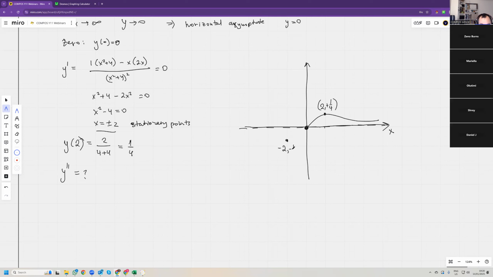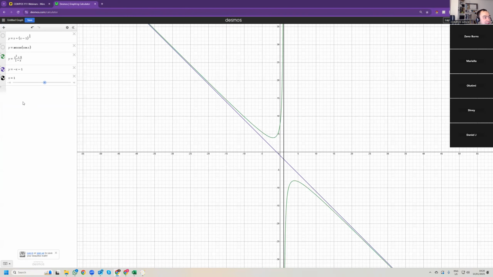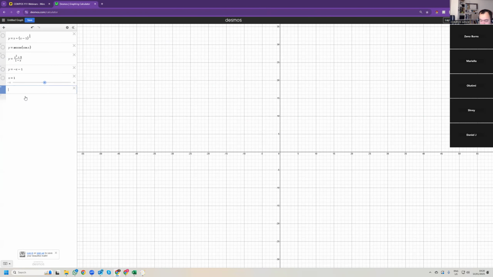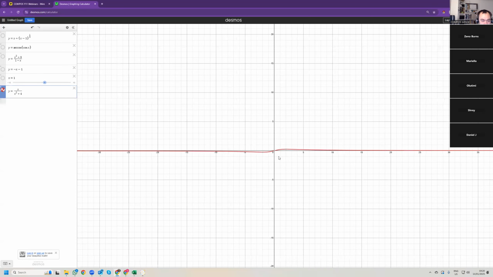Minus 2, minus 1/4. It's going to go like this. And let's see if that is indeed the case. Y equals x over x squared plus 4. And indeed.